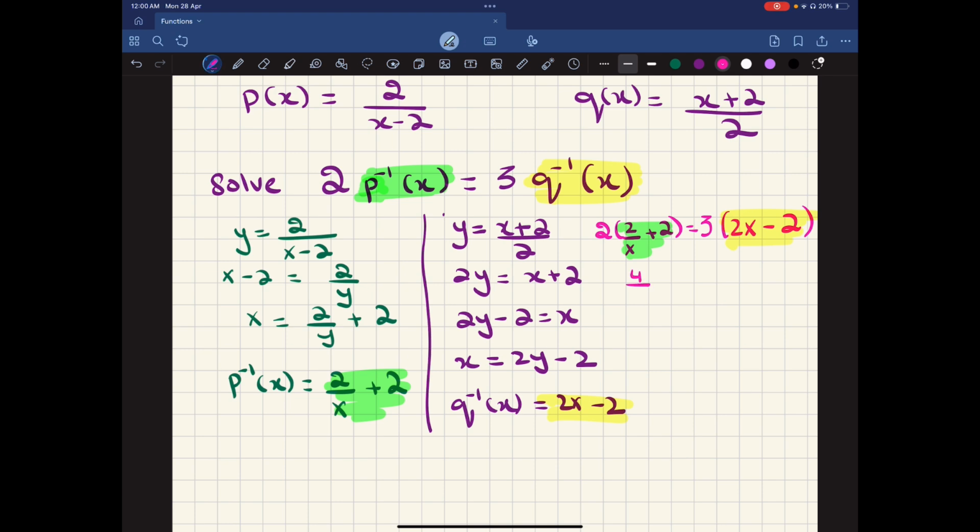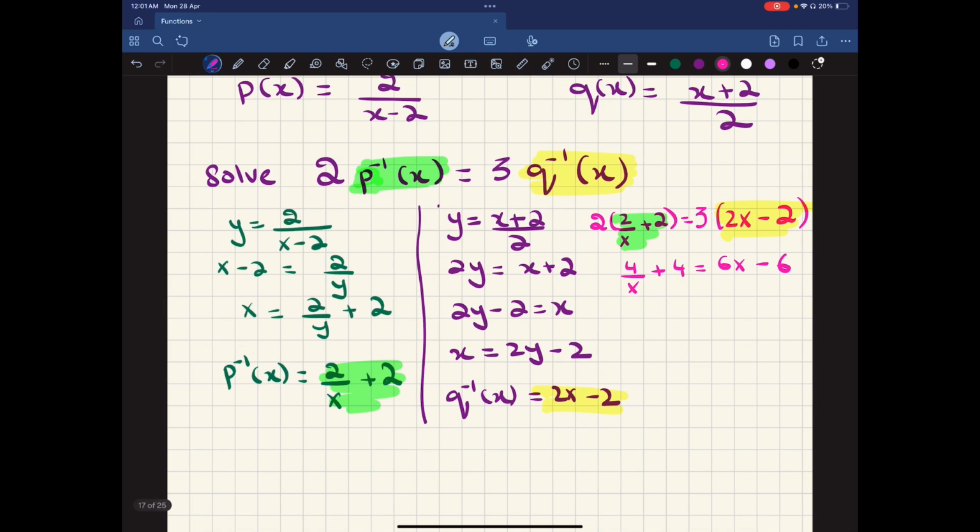So now all you have to do is solve this equation. So 4 over x plus 4 is equal to 6x minus 6. 4 plus 4x over x, 6x minus 6. We took the LCM so that we multiply it with x.